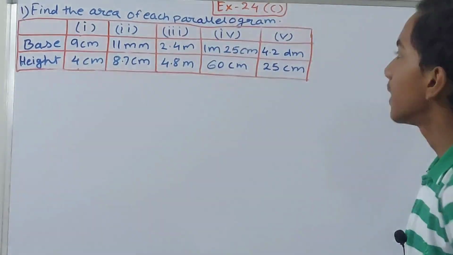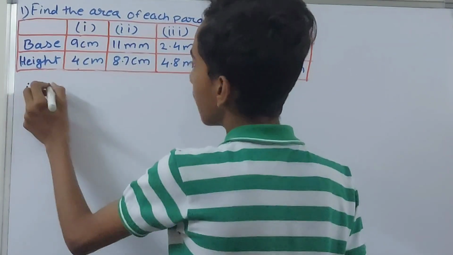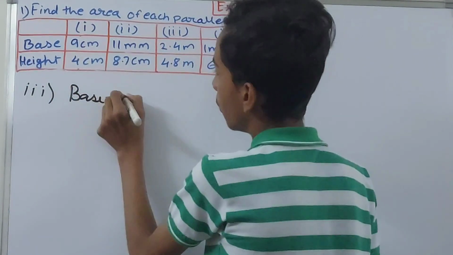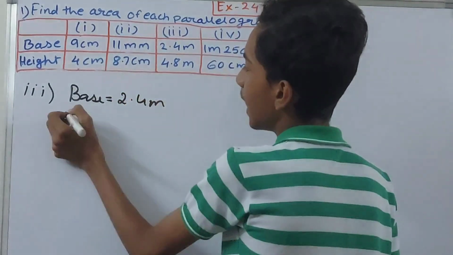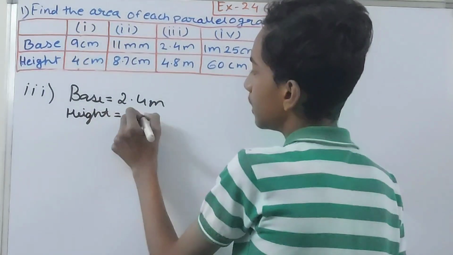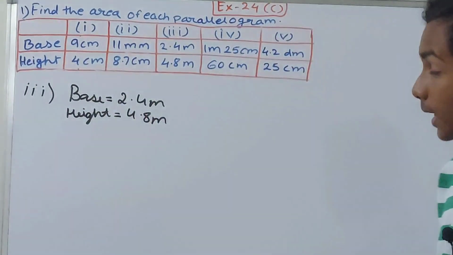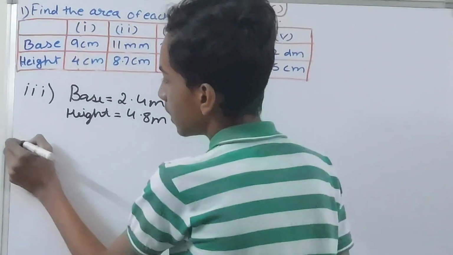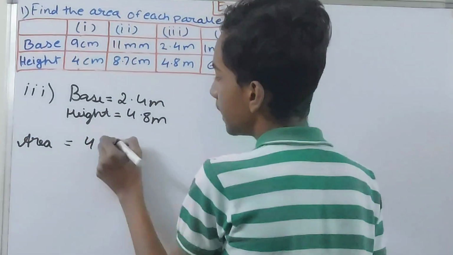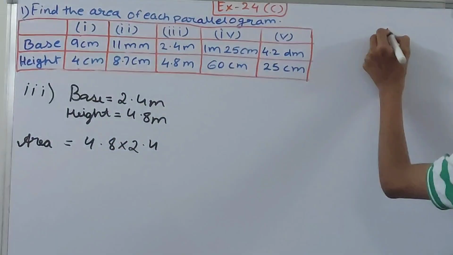This is the third part. Again the base here is 2.4 meters, and the height is 4.8 meters. So the area equals 4.8 into 2.4. Let's do the multiplication here.